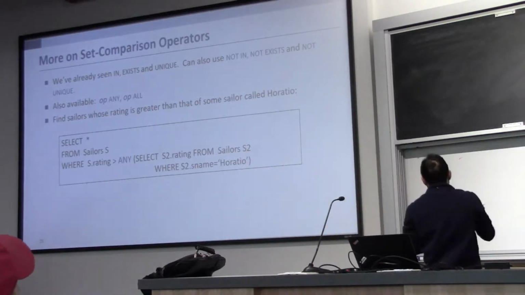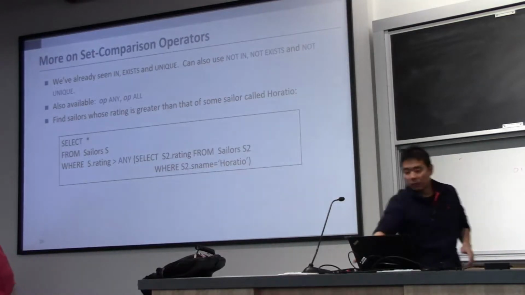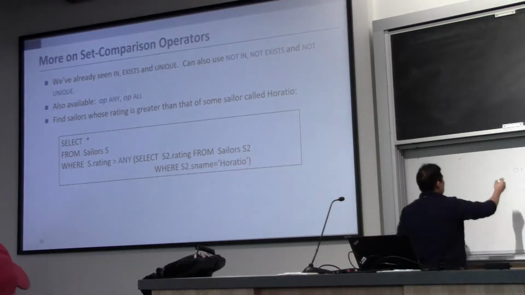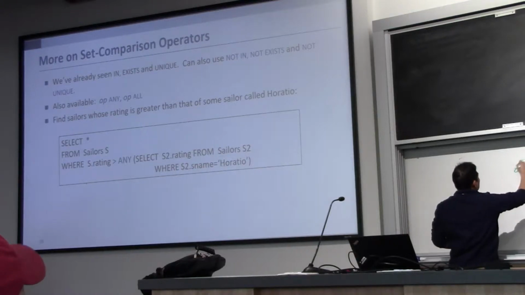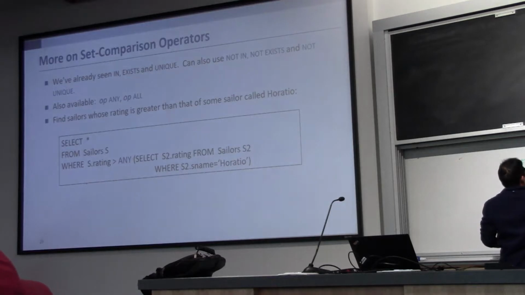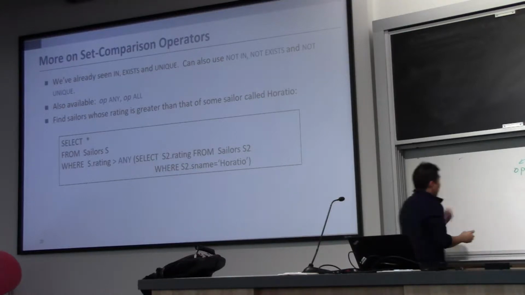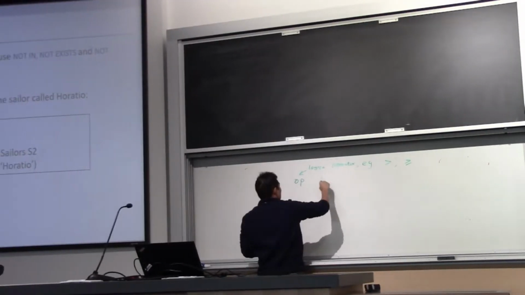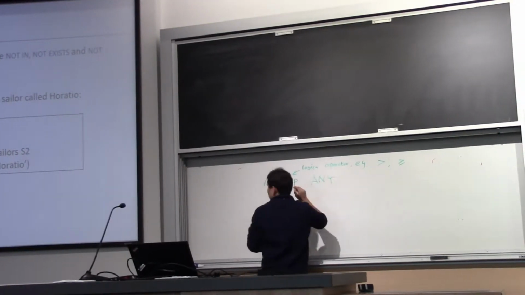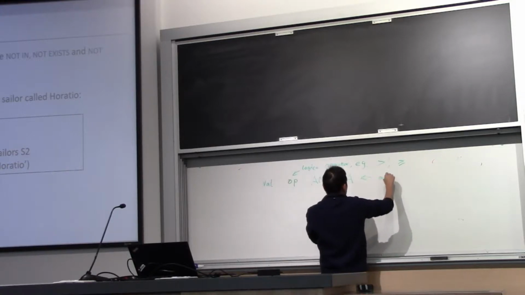For example, you can use a value with a comparison operator, such as greater than or equal to, and you see a value with an operator followed by any and then a set. This A is a marked set.